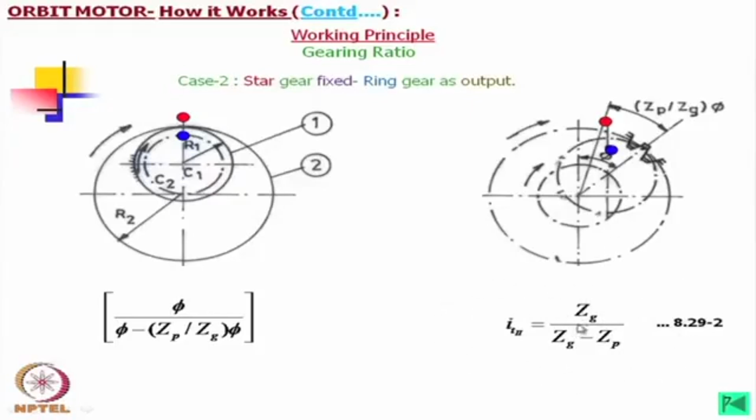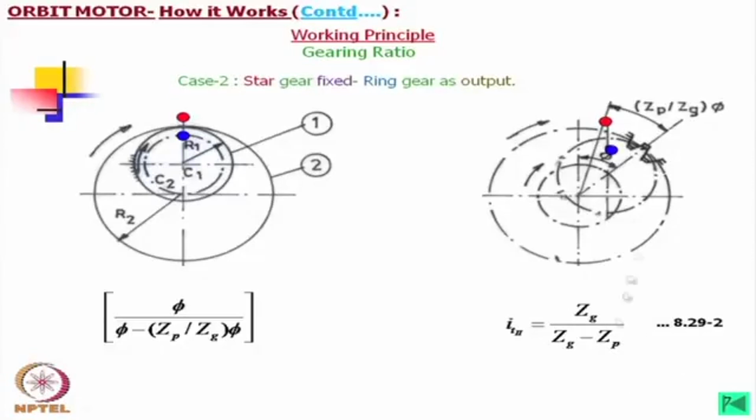In this case, what we find is that at the numerator is the number of lobes or number of teeth of the outer ring, and at the denominator is the difference. And in the case of an orbit motor, you find that the difference is always 1. So, if this is 7, the transmission ratio will be directly 7. Okay.